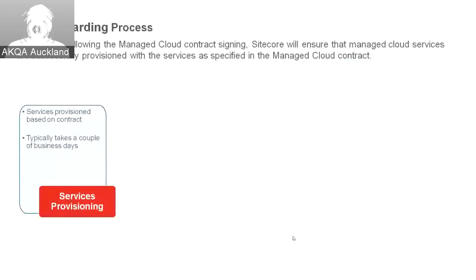Okay. So this is the main step in this engagement, which is the onboarding process. What happens is when your contract is done, as a partner and as a client, with the Sitecore Managed Cloud team, they will start provisioning the infrastructure to you.